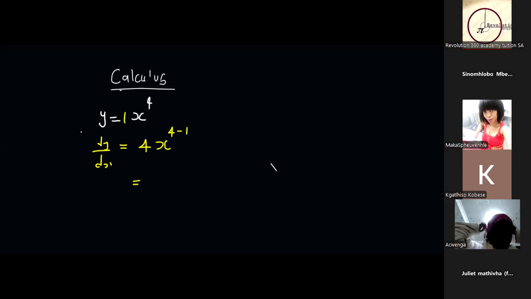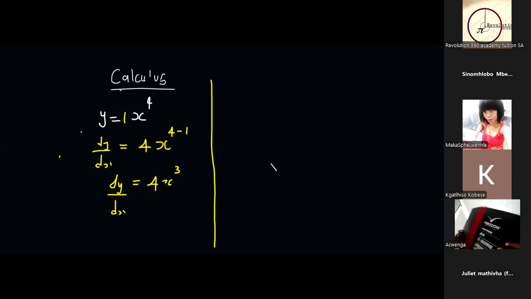If they were to say find dy/dx, so to say. Then let's try to do this one in first principle. Remember I told you that whenever you are given y, it is the same as even if they were to say given f of x equals x to the power of 4.